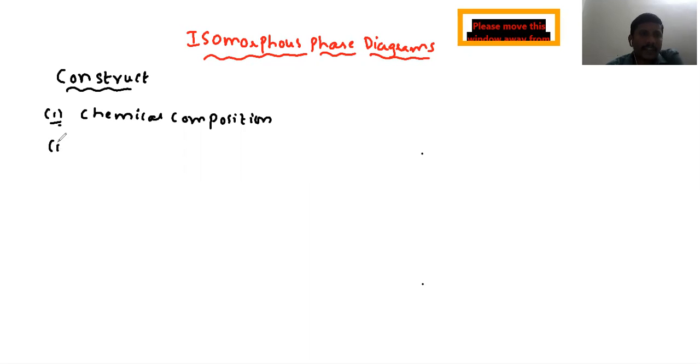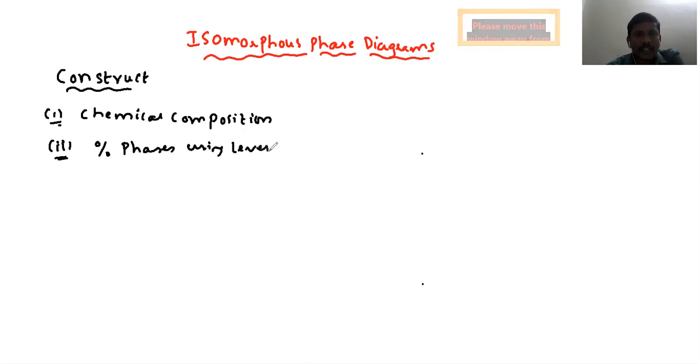And the second one, the most important one, is finding the percentage of different phases using the lever rule. So we will use a principle known as the lever rule in finding the percentage of different phases in an isomorphous system.